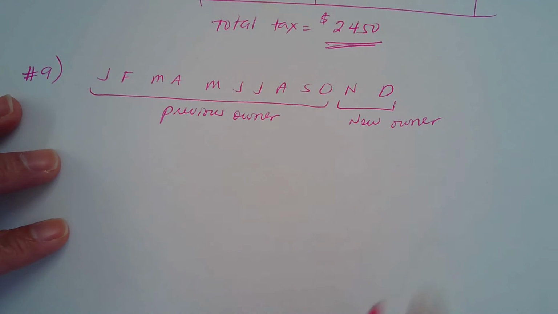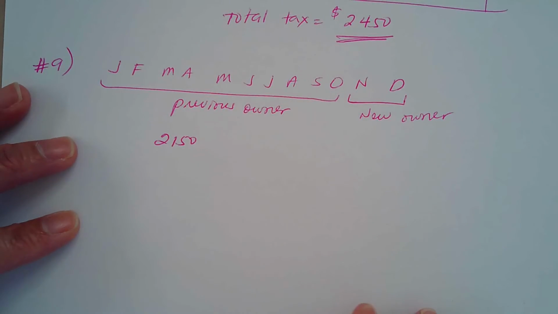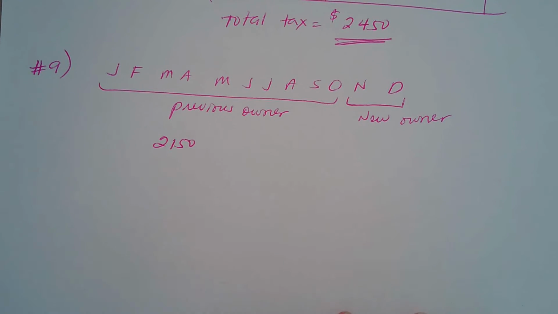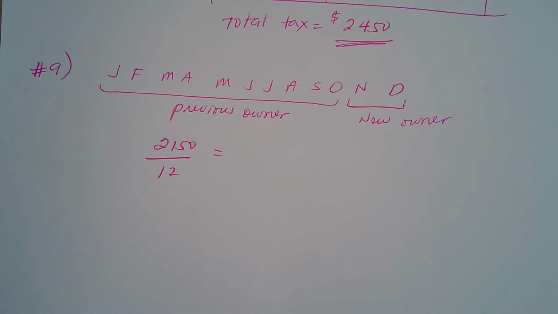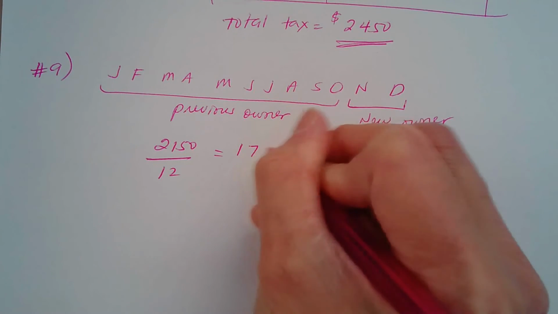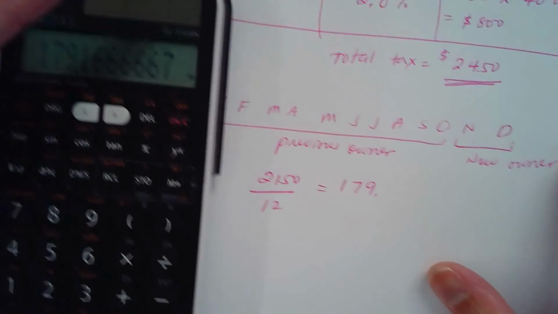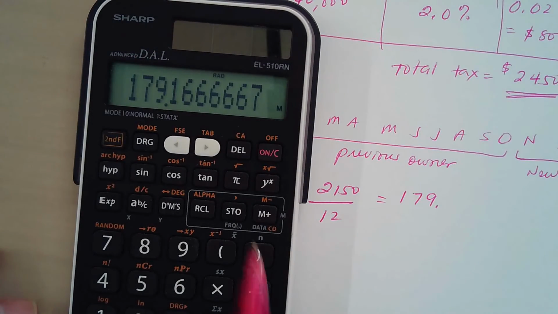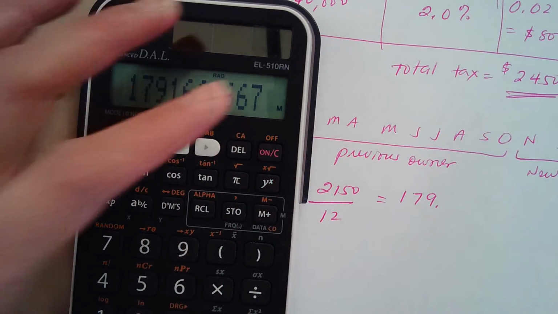Last year they paid $2,150 for the whole year. If we divide that by 12, that's how much it is per month. So $2,150 divided by 12 is $179. I'm gonna show this to you so that we can talk about rounding. It's $179.17.